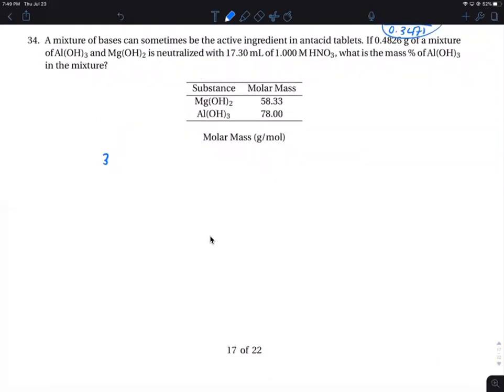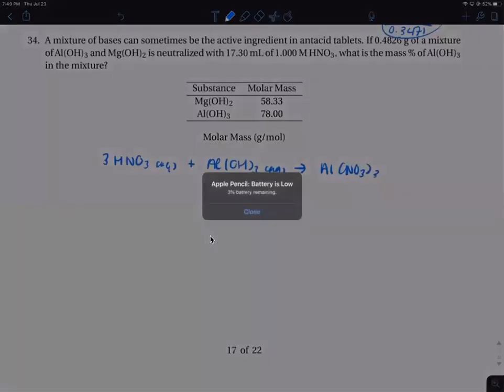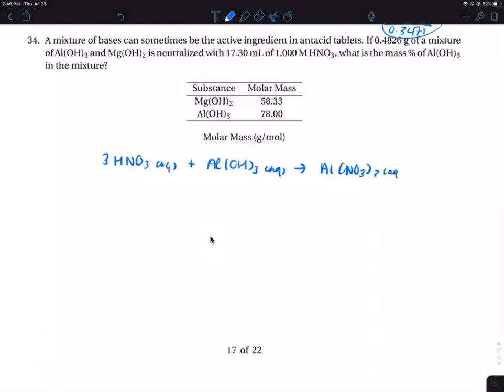I'm going to write out the balanced equations. 3HNO3 plus Al(OH)3 forms Al(NO3)3 plus 3H2O. And then the same for Mg(OH)2, the neutralization reaction.